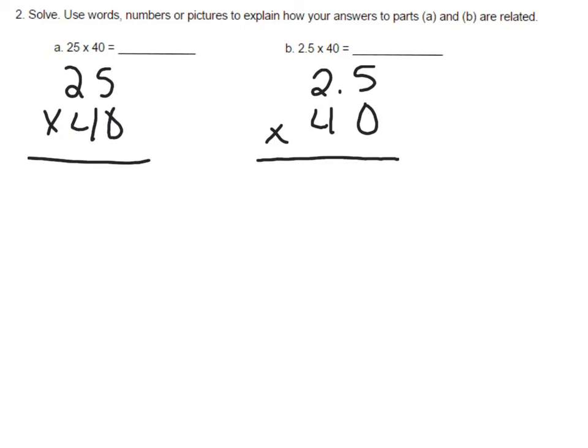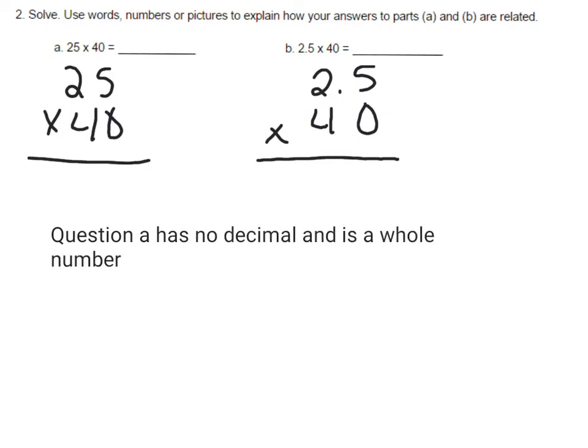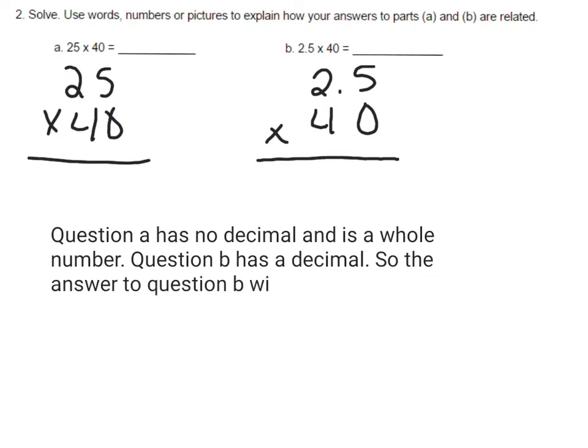So I can write down that question A has no decimal and is a whole number. Question B has a decimal. So the answer to question B will be smaller than A.